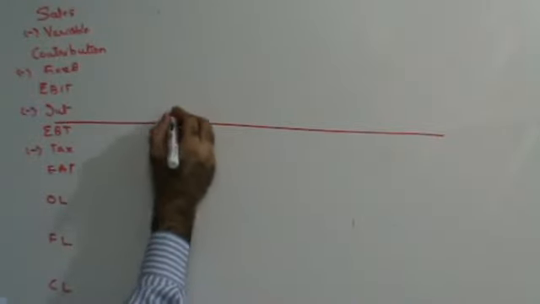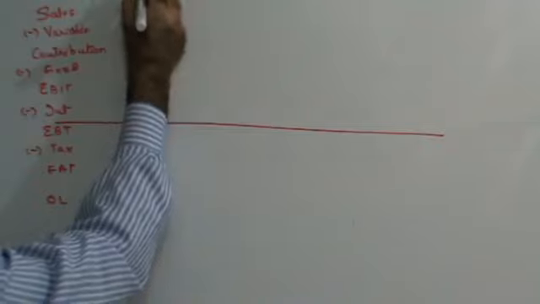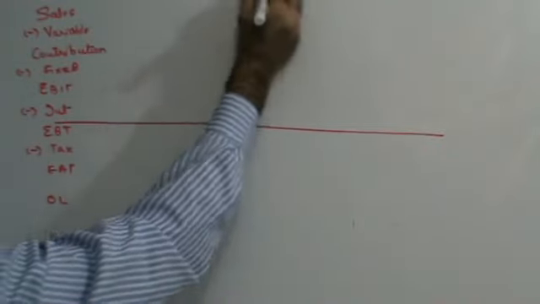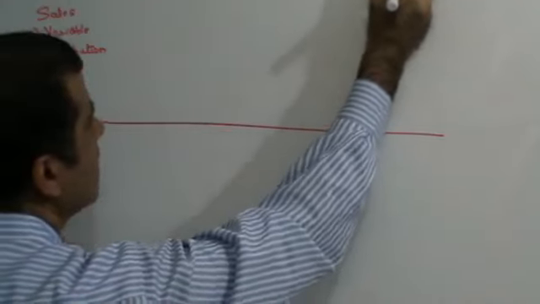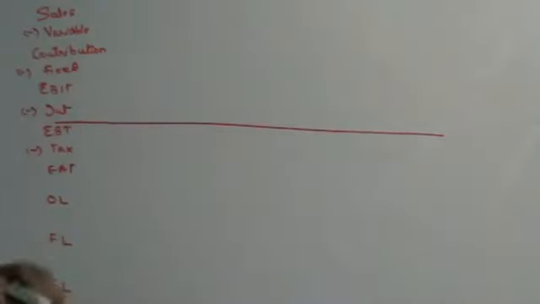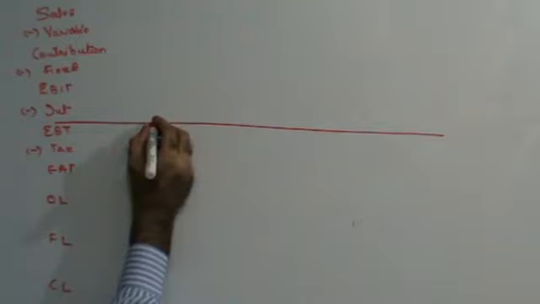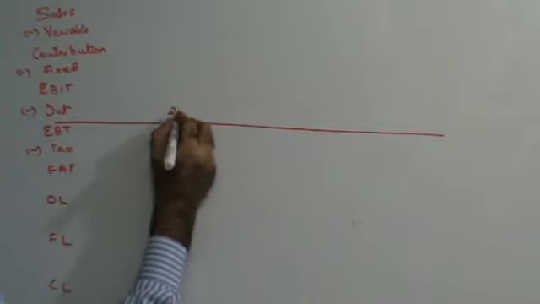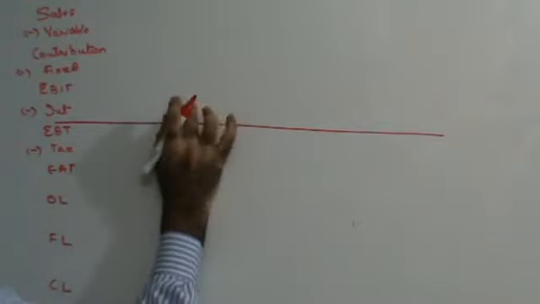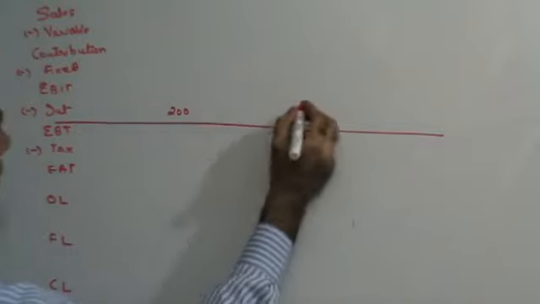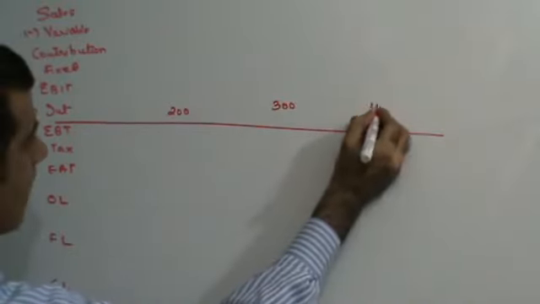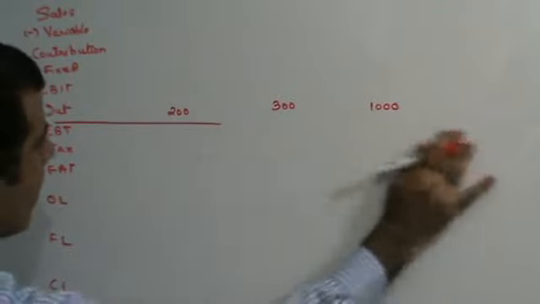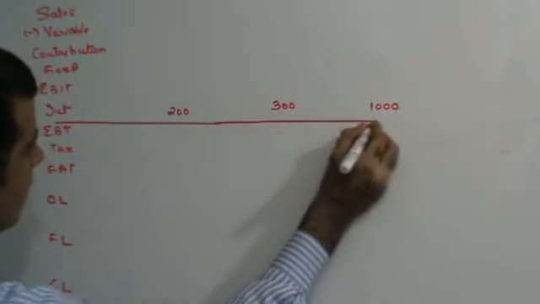For plan A, interest is 200. We make 2 columns: percentage and rupees for each plan. Interest is given to you as 200, then they give you 300 and 1000.